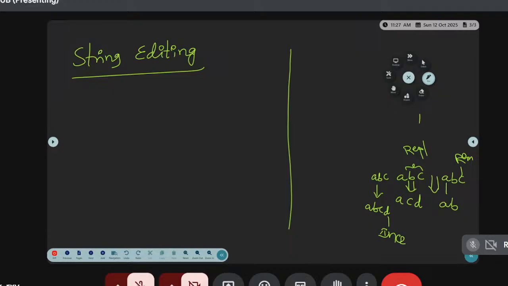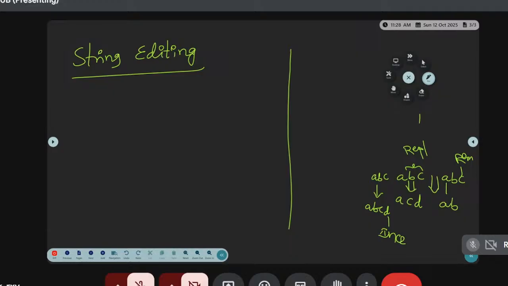If you replace an existing character by another character, the string length stays the same. For example, if the original string has 3 characters, after converting it also has 3 characters, but I replaced one character by another, so that is a replace operation. When you apply an insert operation, the string length will increase. If we put a z at the end of your name, and your name had 4 characters, now it is 5 characters.